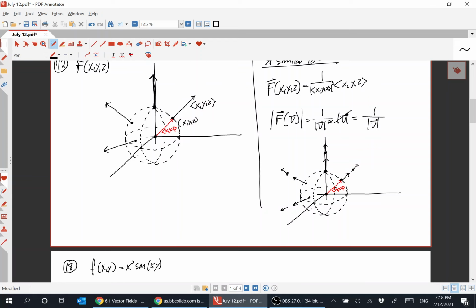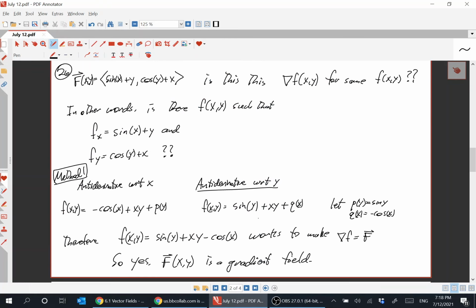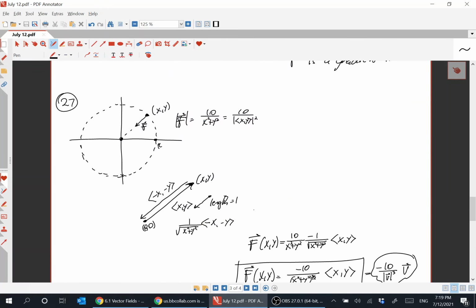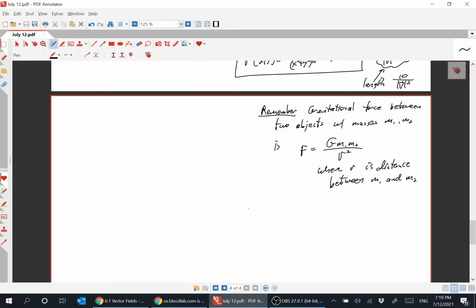That also decays inversely proportional to the square of the distance from the origin. And we'll do an example that confirms that in section 6.6. So it's pretty ubiquitous, this type of vector field. It comes up quite a bit when analyzing those types of things. Okay.